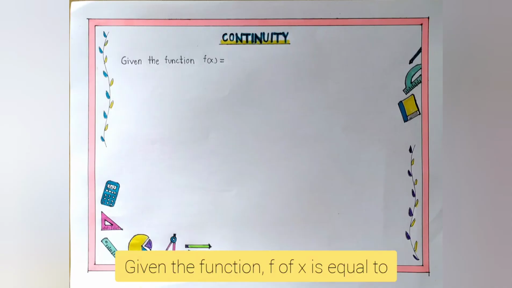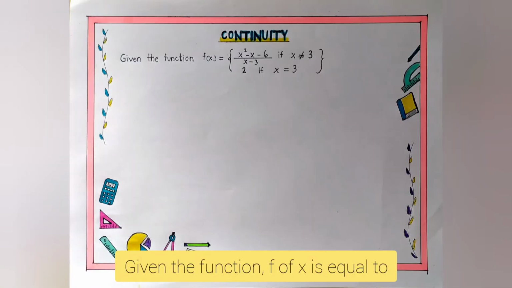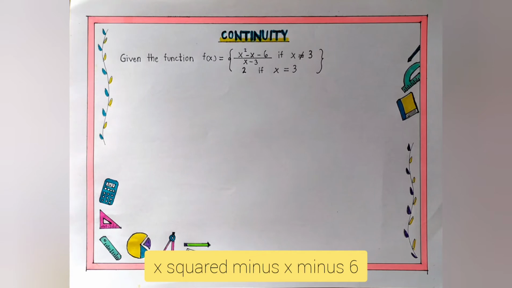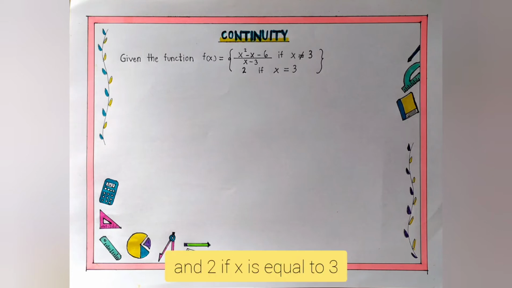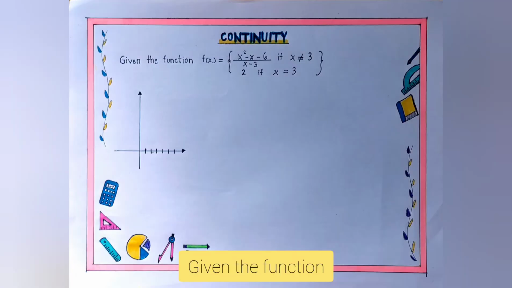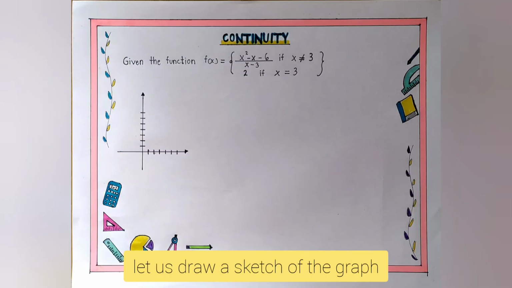Given the function f of x is equal to x squared minus x minus 6 over x minus 3, if x is not equal to 3, and 2 if x is equal to 3. Given the function, let us draw a sketch of the graph.